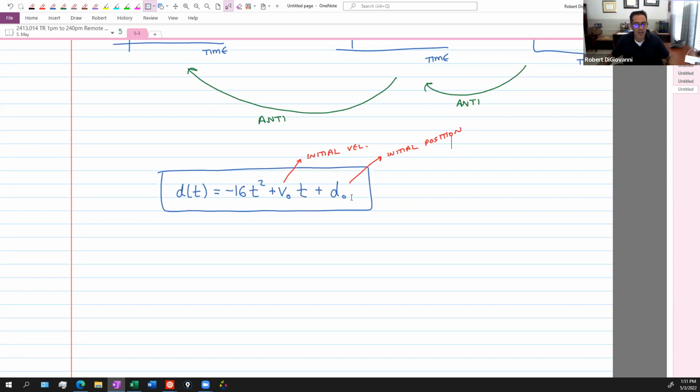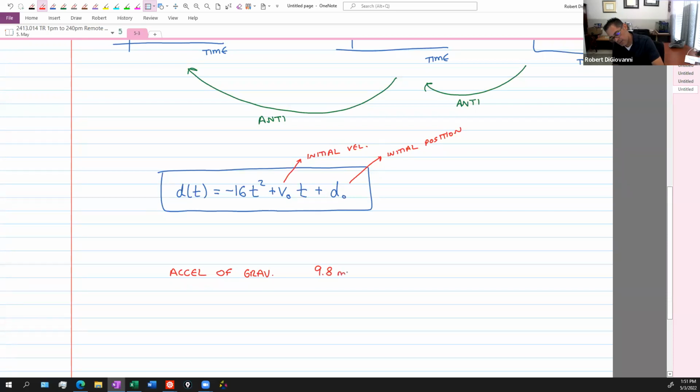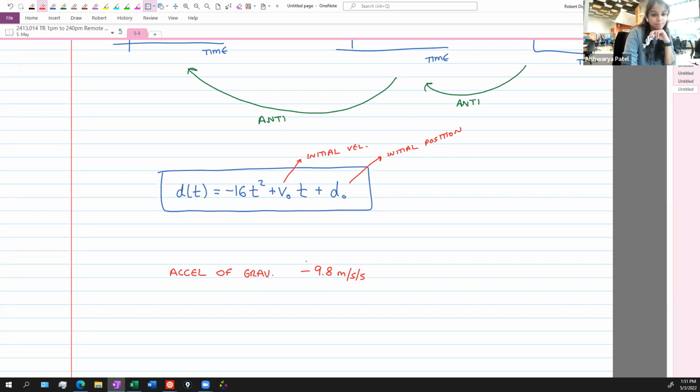Gravity is a force and it's an acceleration. Does anyone know the acceleration of gravity? 9.8. It's 9.8 meters per second per second. And actually it's negative because it's directed towards the center of the earth, and positive acceleration is measured upward.